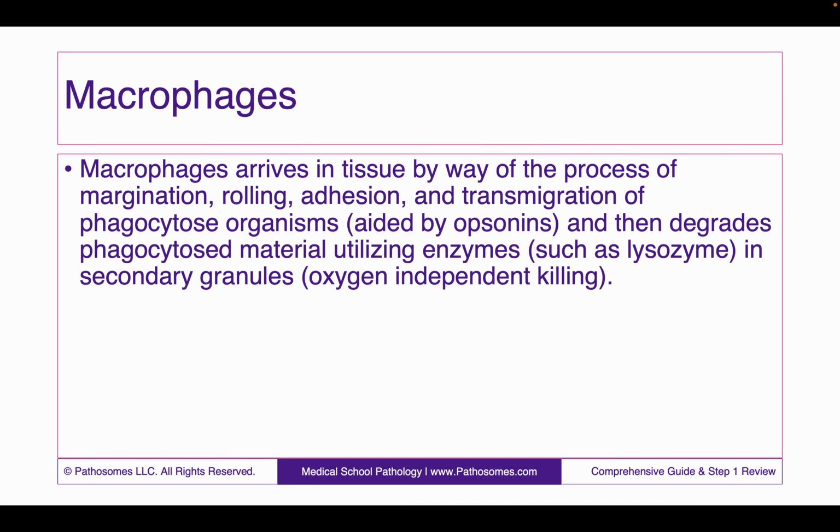Macrophages arrive in tissue by way of the processes of margination, rolling, adhesion, and transmigration. They phagocytose organisms aided by opsonins, and then degrade the phagocytosed material utilizing enzymes such as lysosome and secondary granules, and that's oxygen-independent killing.